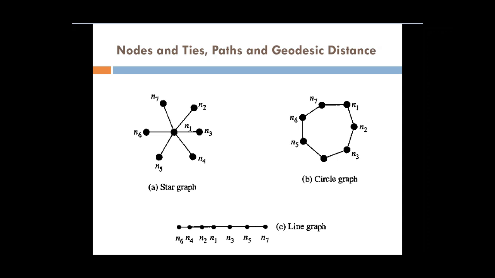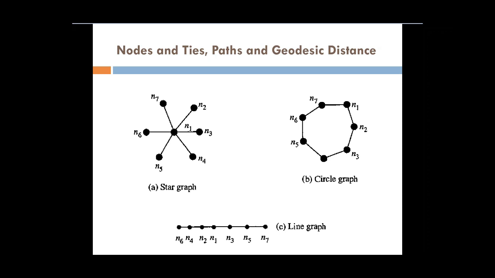We can ask, for example, for a particular piece of information to be passed on from N4 to N2. How could that be possible, right? What is the path through which all this information has to go? You can say that for information to go from N4 to N2, you have to go through N1.